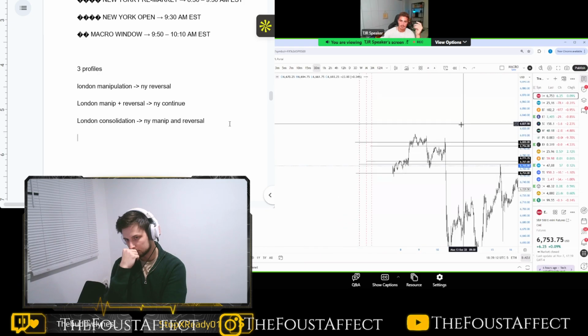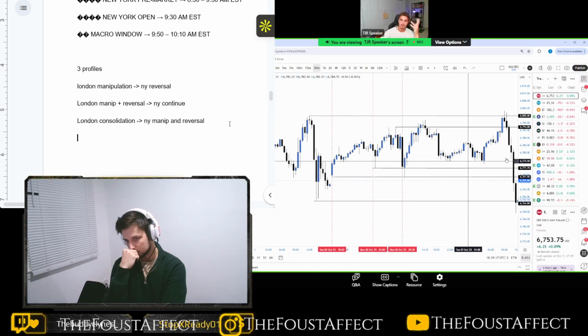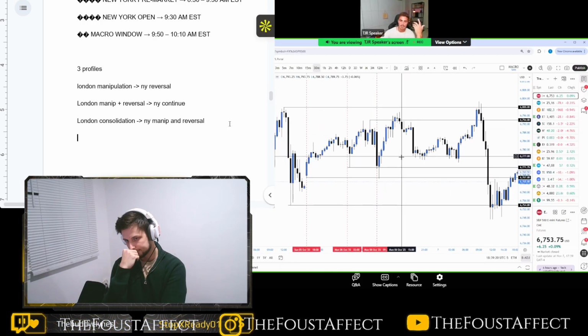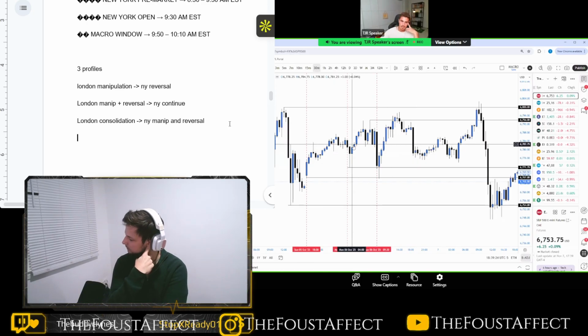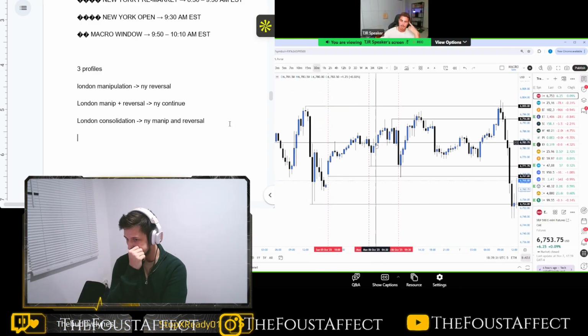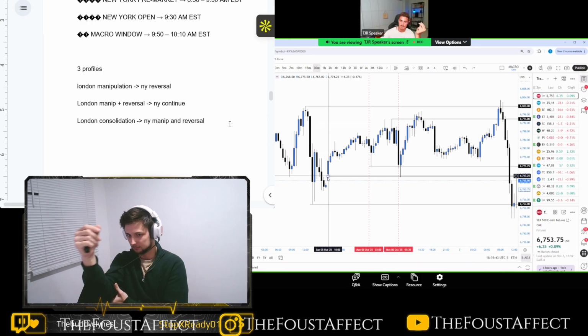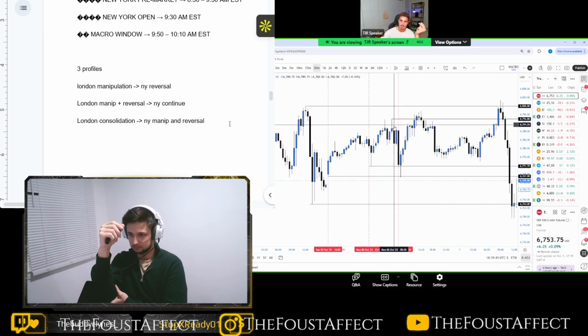We're not going to get into entries just yet, but I'm just going to show you guys these daily profiles moving and happening in real time. During London session, did we sweep out or cause any form of manipulation of a high time frame high or low? The high time frame high right here, high time frame low right here, previous session low right here.